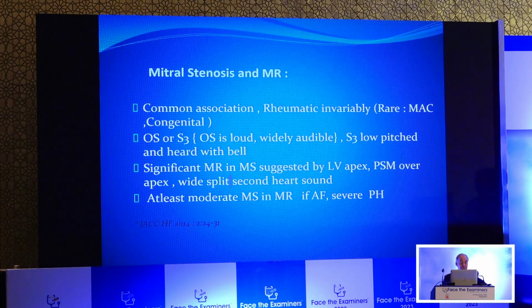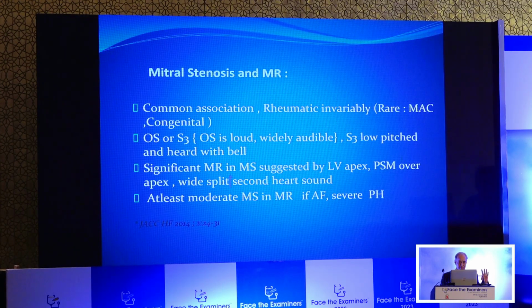And how do you suspect if the person is having mitral stenosis in mitral regurgitation? At times, only mitral regurgitation can have a mid-diastolic flow murmur in severe mitral regurgitation. Now, if this patient is having atrial fibrillation or severe PH, think that there is an associated mitral stenosis.